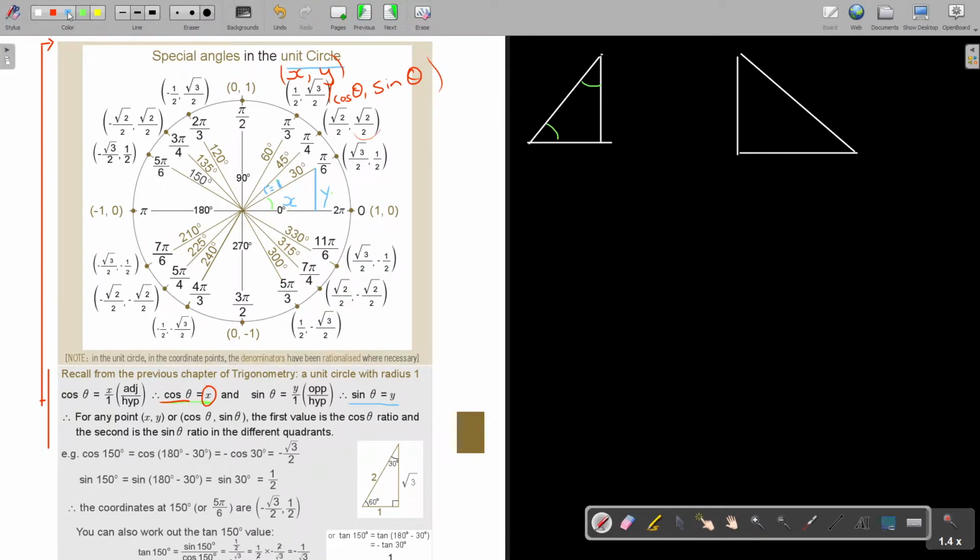So if it was an equilateral, this was 60 and this was cut in half, so this is 30. Don't forget, in terms of this is pi over 6 and this one is pi over 3. And then it was an equilateral, so that was 2.